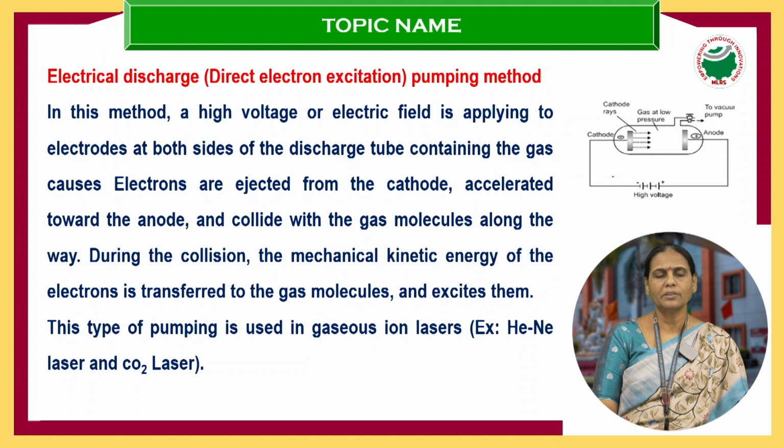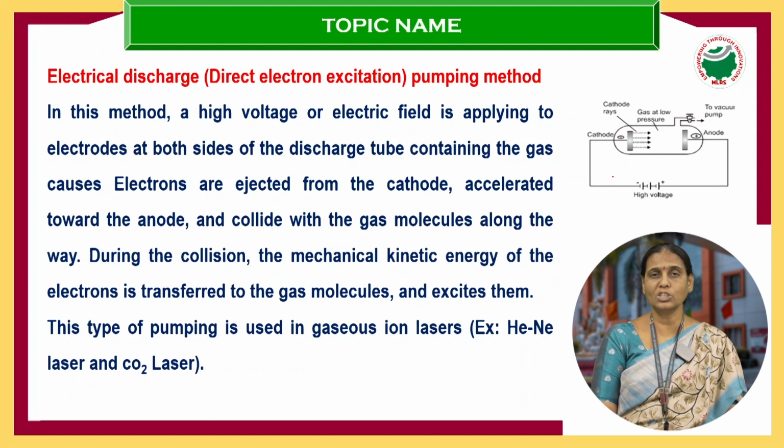Now next comes electrical discharge pumping, which is also called direct electron excitation. Directly we can excite electrons from a lower energy state to higher energy states. In this method, generally we apply a high voltage, or you can also use an electric field, to both the electrodes.